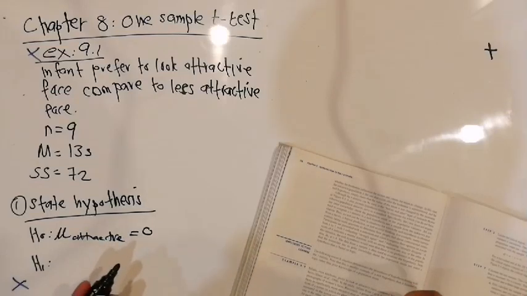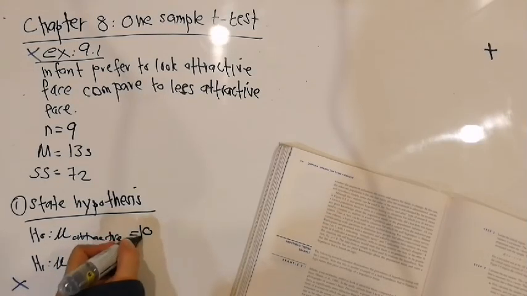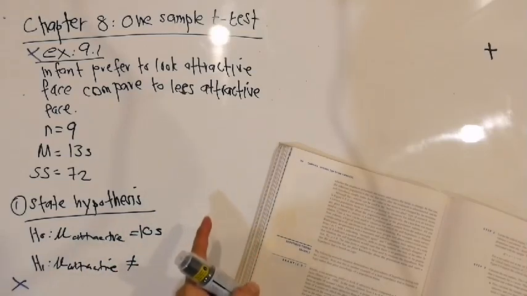Because nothing changes, right? That means if they look at an attractive face compared with a less attractive face, the number of seconds they look is the same. Then for H1, there is a change, so mu attractive not equals to, sorry, this is 10 seconds, because the sample take is 10 seconds.